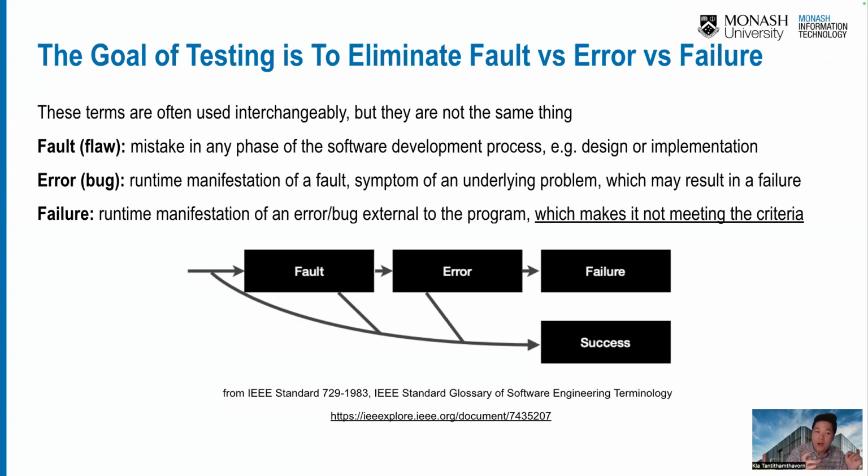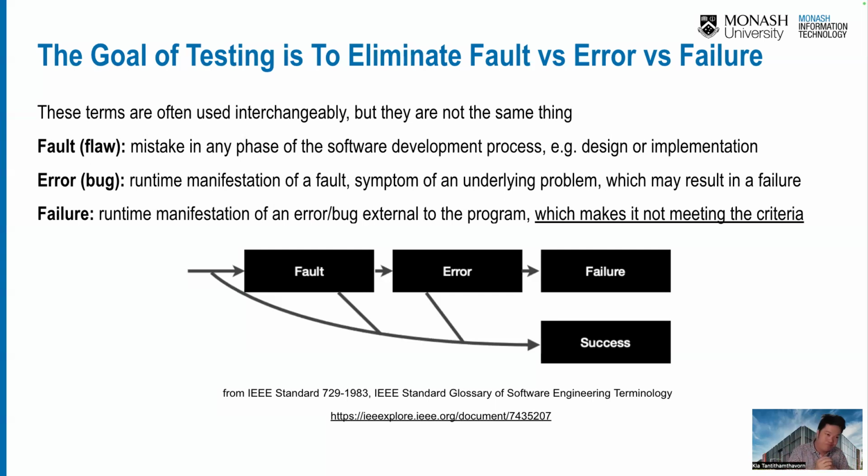A fault is a mistake in any phase of the software development process, in the design or the implementation, a fault or flaw. A bug is the runtime manifestation of a fault, a symptom of an underlying problem which may result in a failure. And a failure is something that is exposed to the end users, to the customer, to the outside environment, which makes it not meet the criteria.